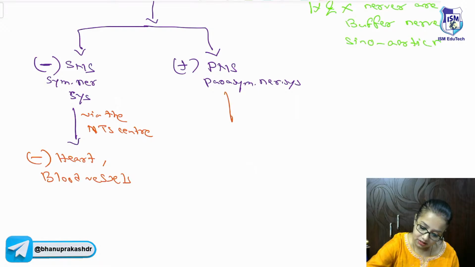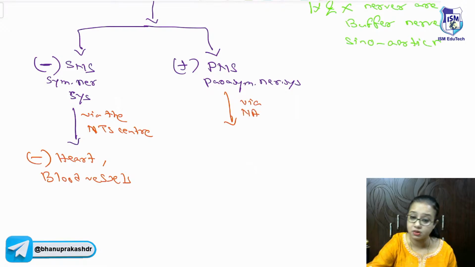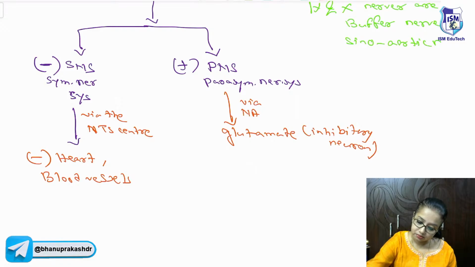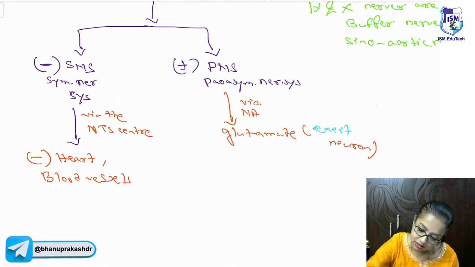And here, via again the nucleus tractus solitarius, here actually nucleus ambiguus, what will it do? It will cause the release of glutamate, which is an excitatory neuron.